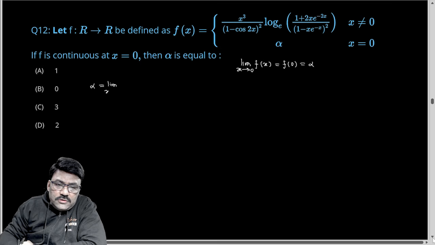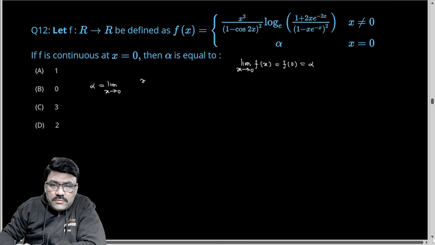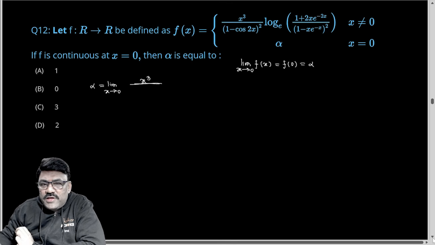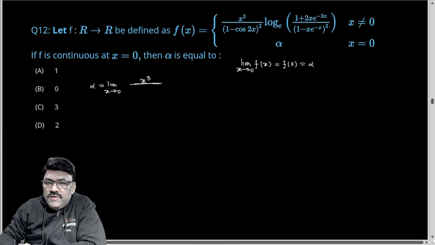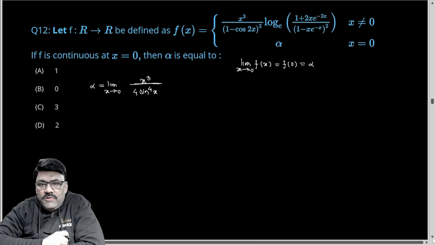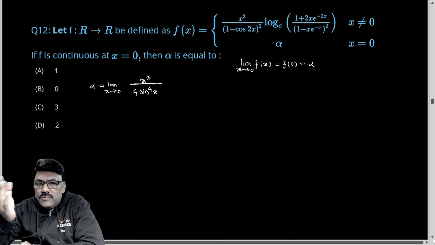So alpha is basically the limit as x approaches 0 of x cube over, in the denominator, 1 minus cos 2x, which can be written as 2 sine square x, and then whole square. So you will get 4 sine raised to 4 x here.